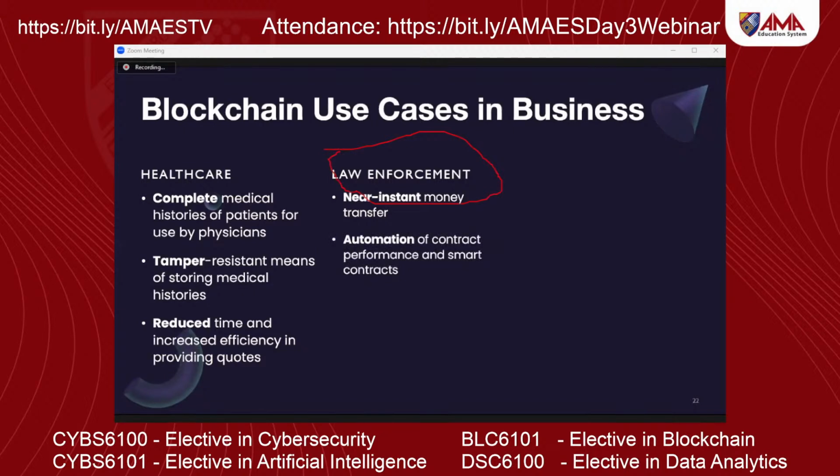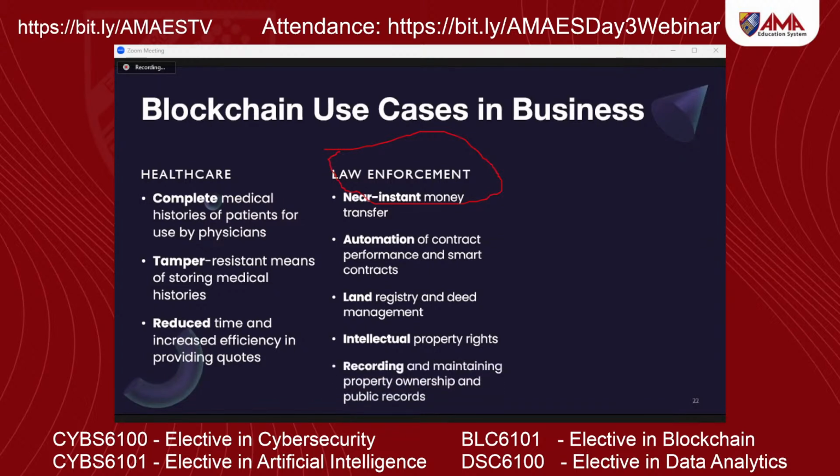Automation of contract performance and smart contracts, kumbaga. And land registry and deed management. So by using technology, pwede magbayad in the future na crypto na lang or kung ano man yung gagamitin na using blockchain technology. Okay? Intellectual property rights and recording and maintaining property ownership and public records.